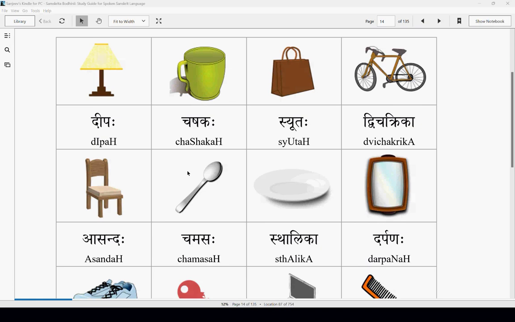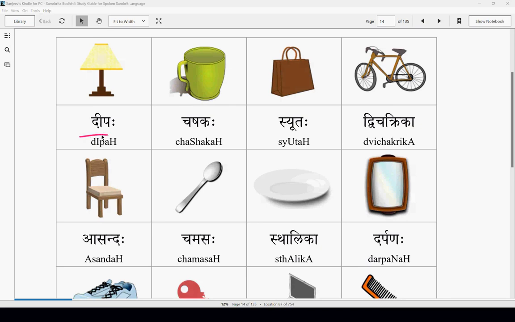Remember, in Sanskritam, Vachanam and Lingam are both attributes of a word, not of the object itself. Lingam, gender, and Vachanam, the number, are the attribution or characteristic attributed to the word. What is the word here? Deepa.